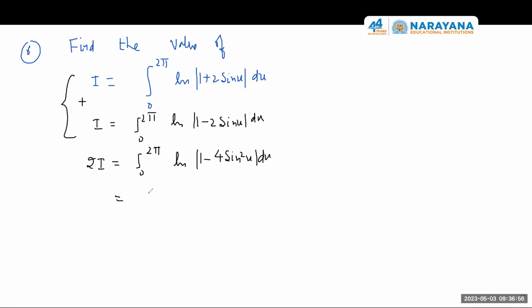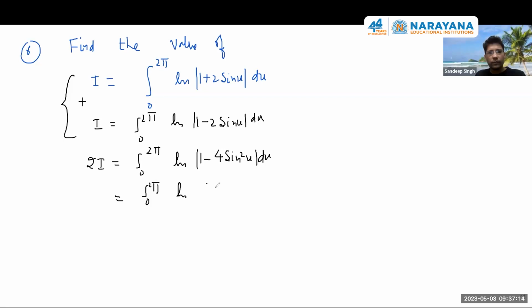Yes. 0 to 2 pi. You want to write this in terms of cos. No, cos 3x by cos x, you are telling. Yes, sir. Okay, you are converting this first into.